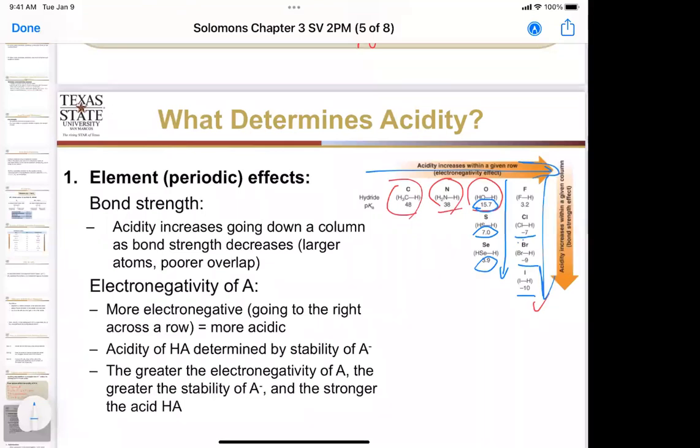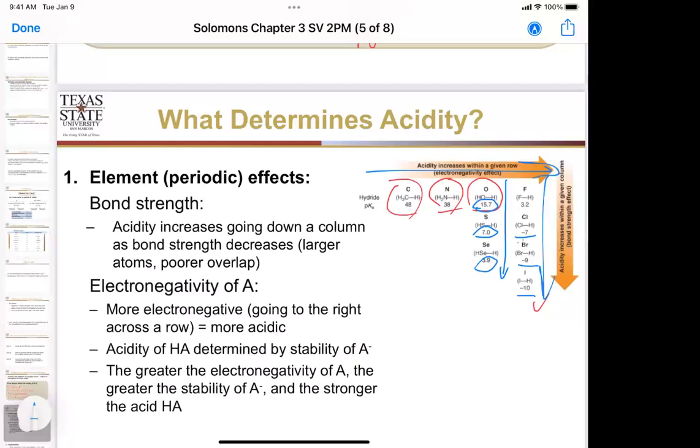No, electronegativity goes to fluorine. Fluorine is the highest in electronegativity. And so if we just went along this row number 2, then yes, it follows the trend. Carbon, nitrogen, oxygen, fluorine. But we can only compare the same stuff within that row because they're all about the same size.